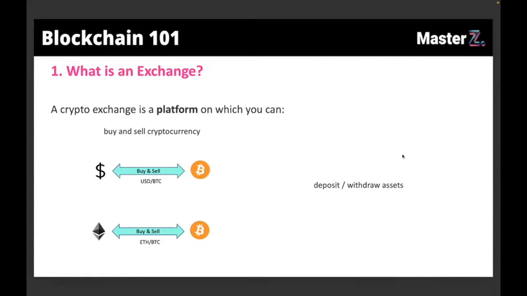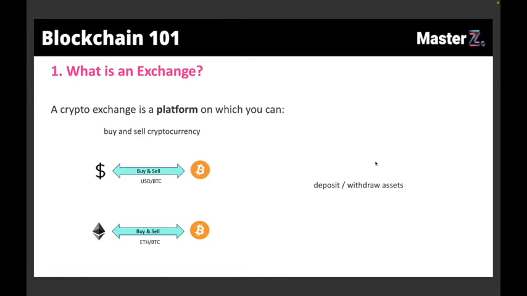I want to say that when we use dollars or euros in an exchange, we call that fiat money. Fiat money is basically money that was issued by a government. What we can do also on an exchange, since an exchange is not a closed platform, it communicates first of all with the blockchains, and also it can communicate with banks.